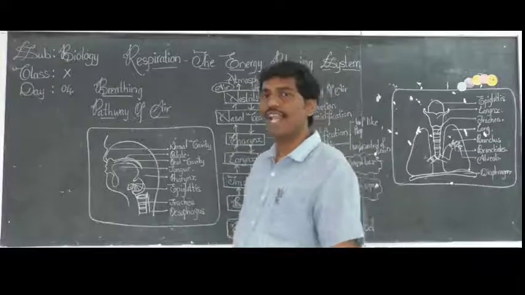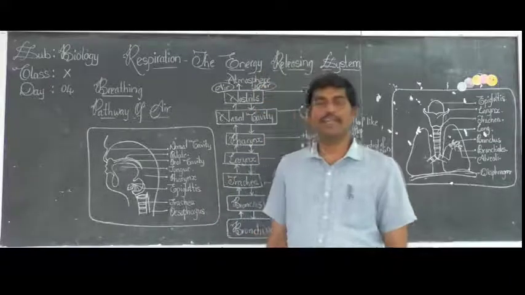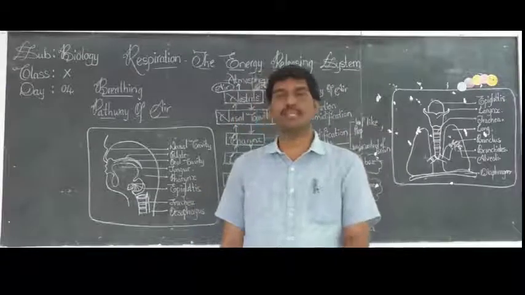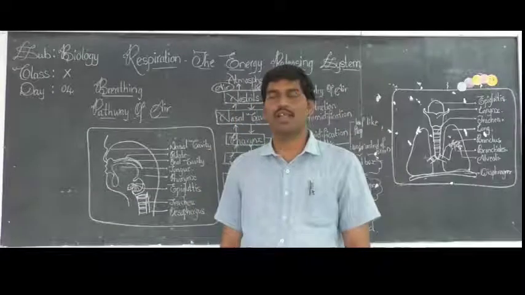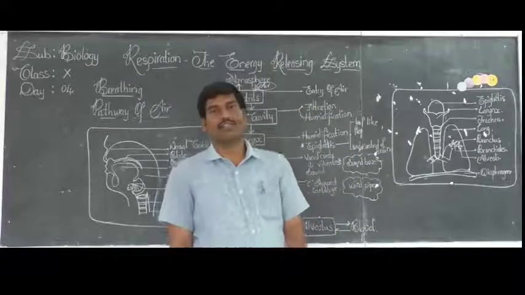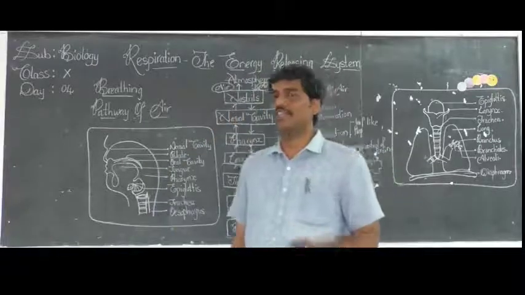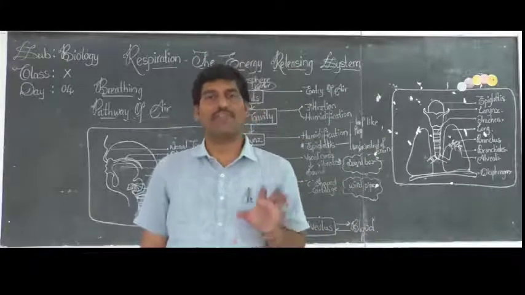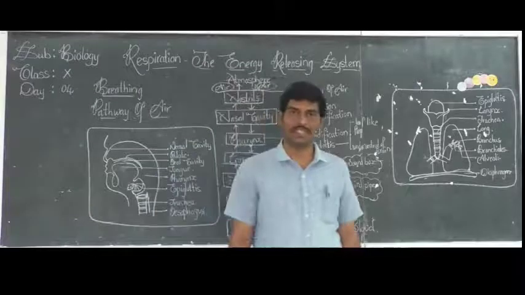So children, in the last session you were given an assignment to complete the events or steps of respiration. I hope you are done with it. In the last class we clearly studied that there are 5 steps or 5 events of respiration.